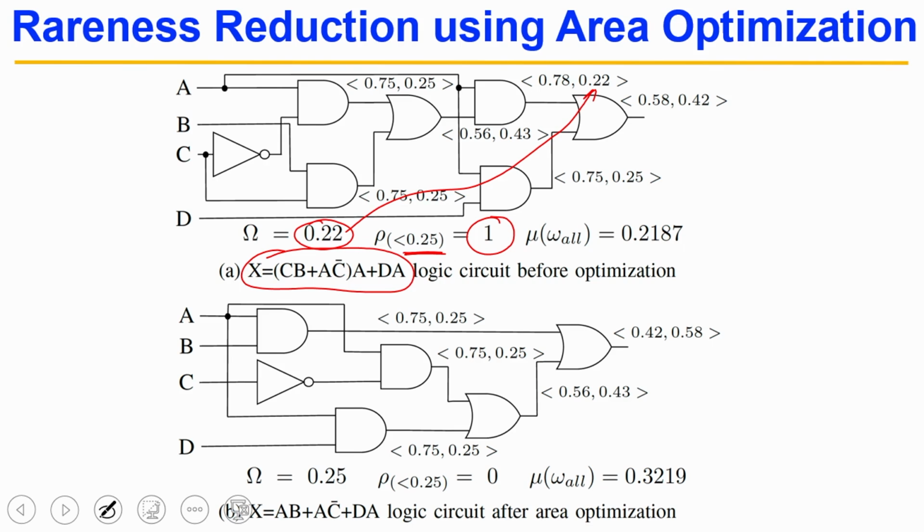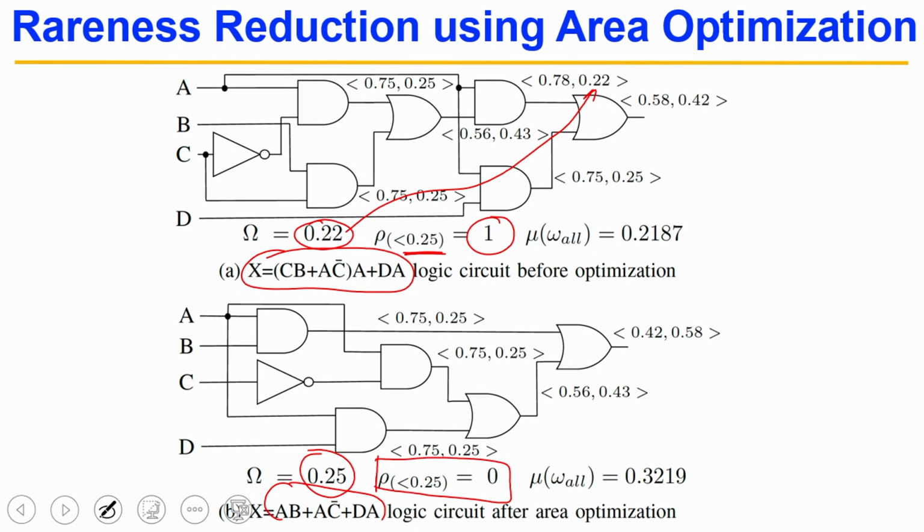Now, if you just do optimization of this expression, as you can see, this expression can be optimized, and the optimized version is this particular one. If you implement that, you will realize your lowest rareness is 0.25, higher rareness meaning it is less rare, and if you look at threshold 0.25, there are no signals below 0.25, if that was your threshold.